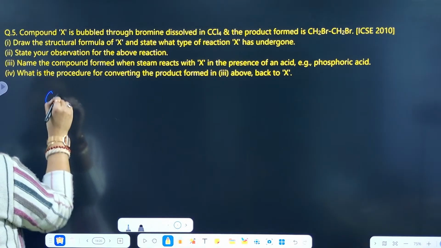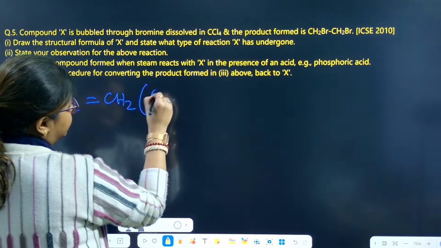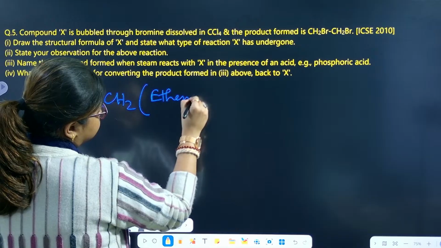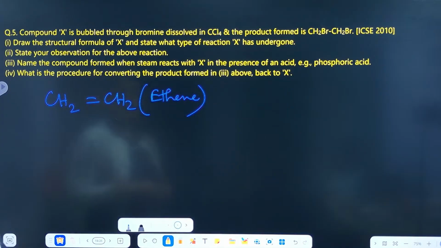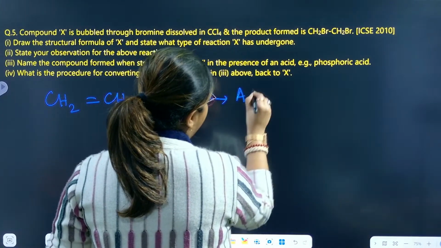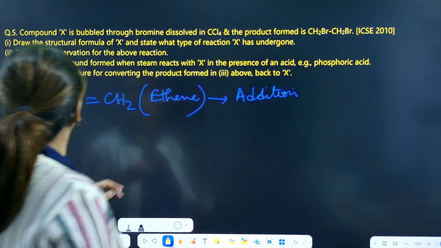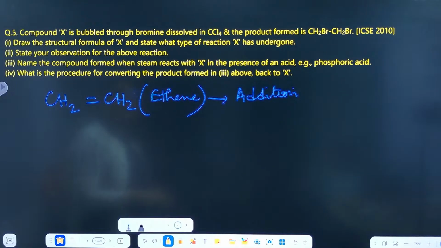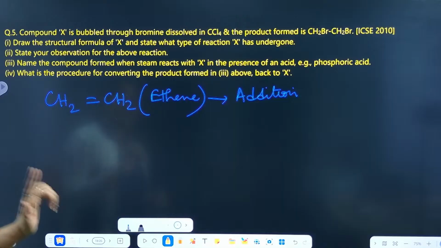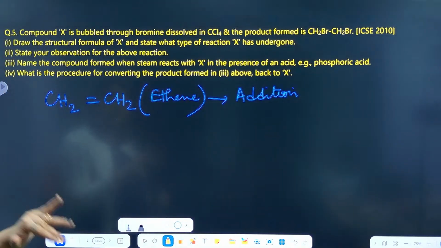So X will be what? Ethene. Right? And what type of reaction? It is undergoing addition type of reaction. Name the compound formed when steam reacts with X in the presence of acid, as for example phosphoric acid.